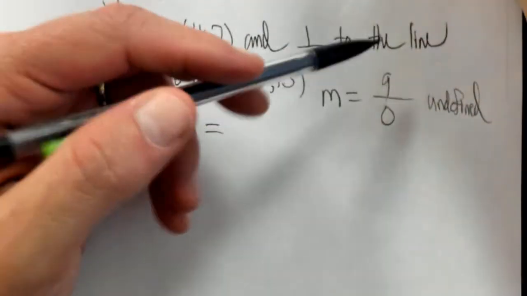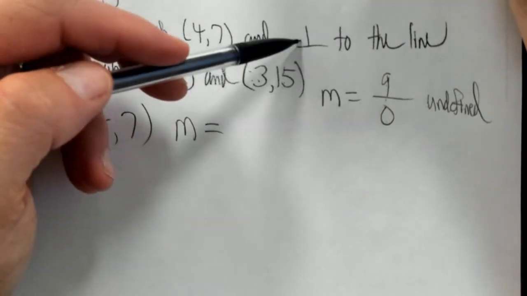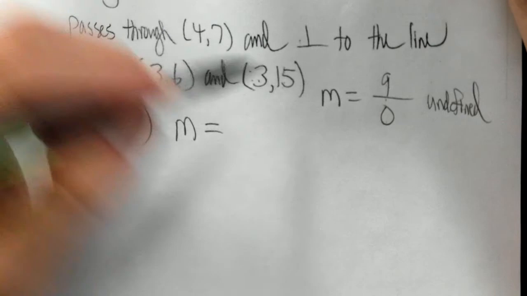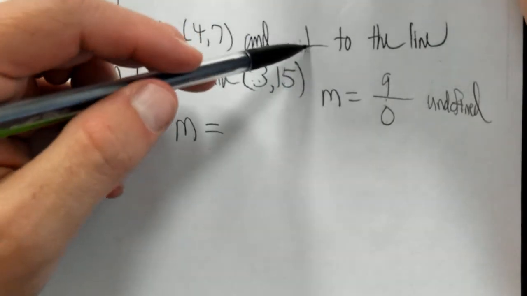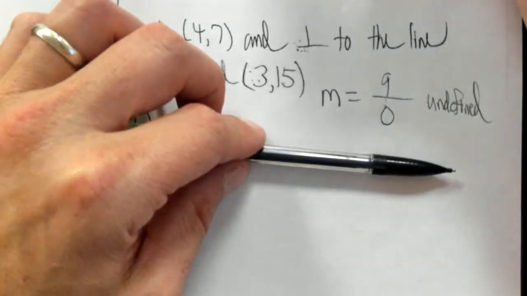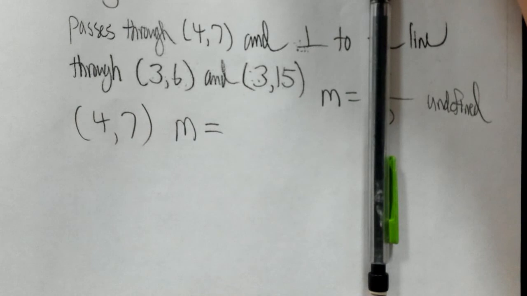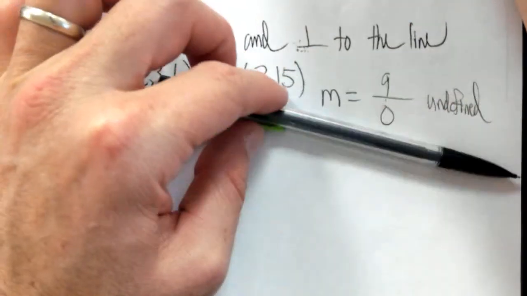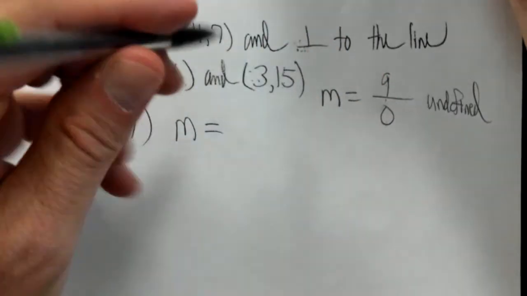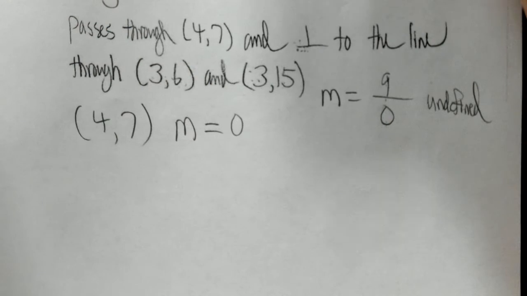So if this line is vertical, one that's perpendicular to it is going to be horizontal. So a line with an undefined slope is vertical, and one that's perpendicular to that is going to be horizontal. And horizontal lines have a slope of 0.